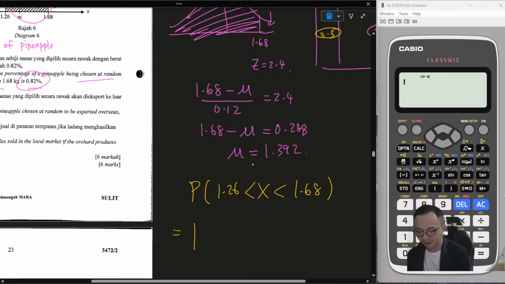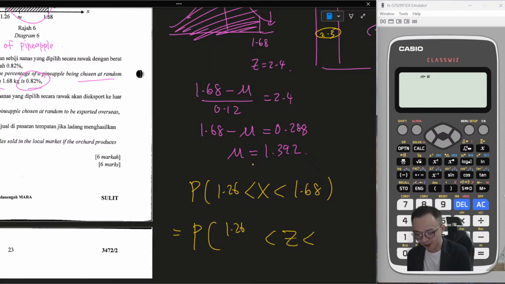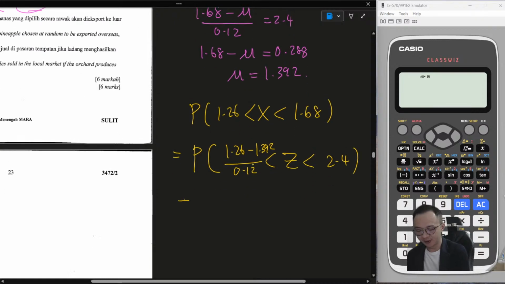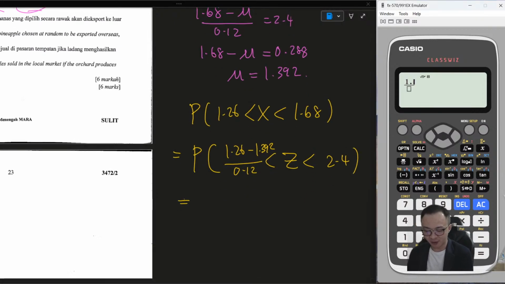Okay, so we change to the Z. So 1.26 minus the mean divided by standard deviation, and this one 1.68. This one just now is already fine, right? 2.4. No need to redo it. Then I just need to solve 1.26 minus 1.392 over 0.12.